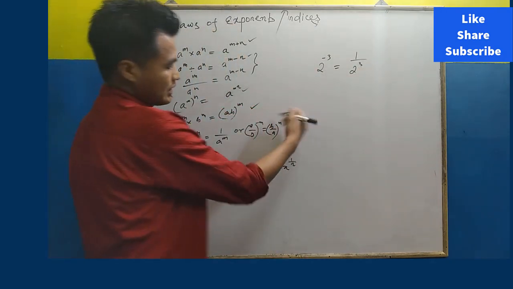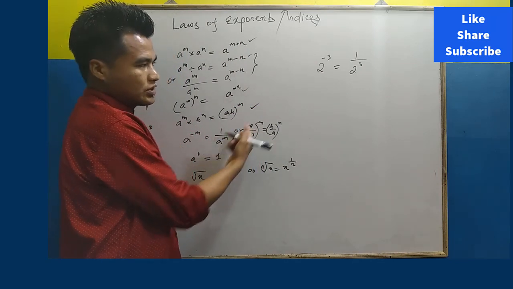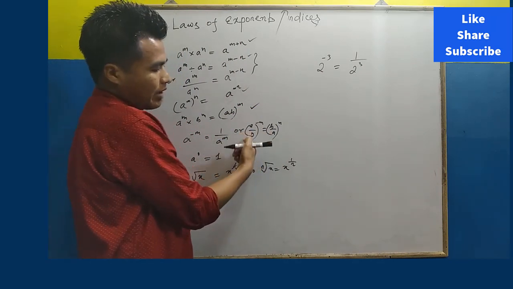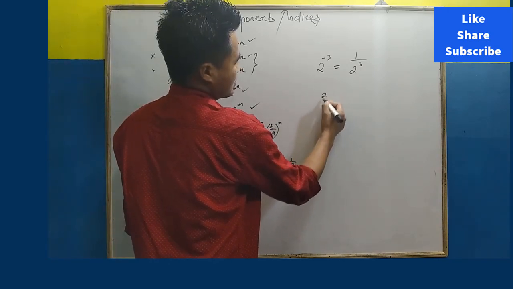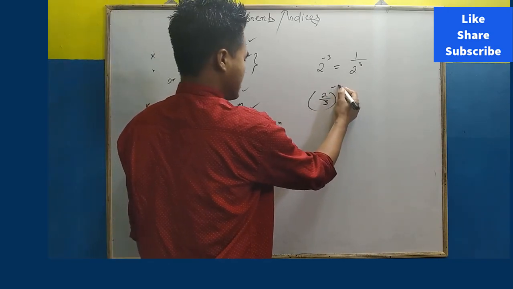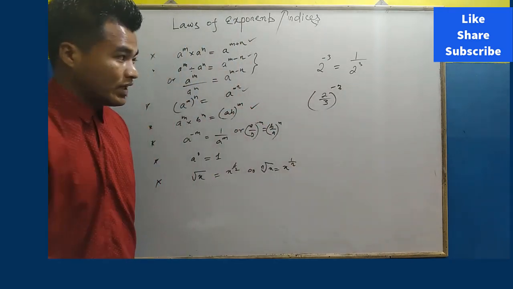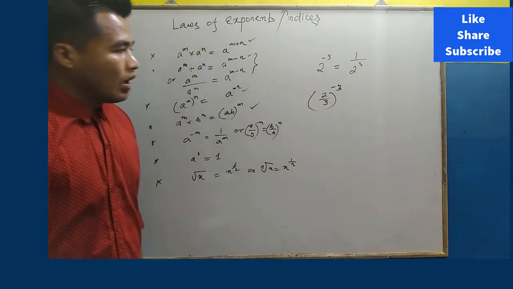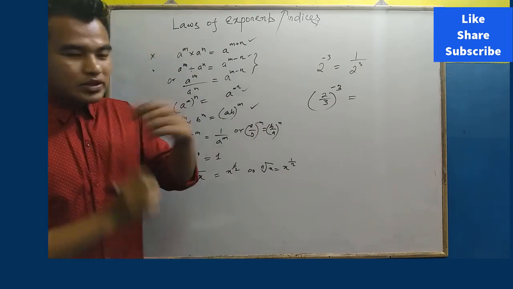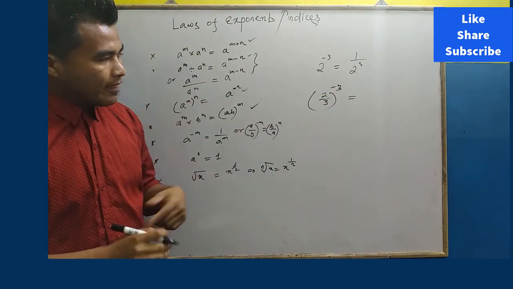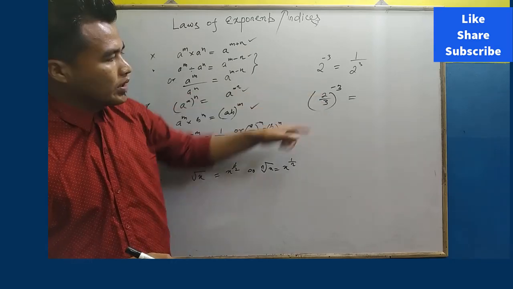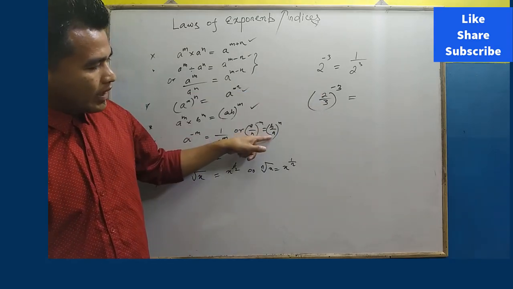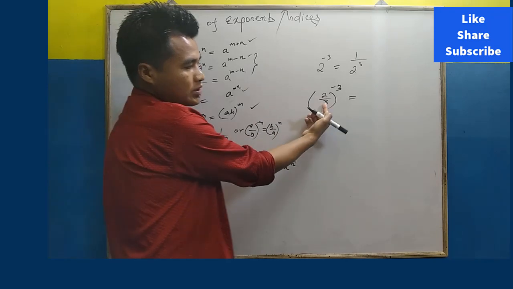Or here, a by b to the power minus m is equal to b by a to the power m. For example, 2 by 3 to the power minus 3. Here also I have a negative exponent. If you want to change it into a positive exponent, it is easy: just interchange the numerator and the denominator.